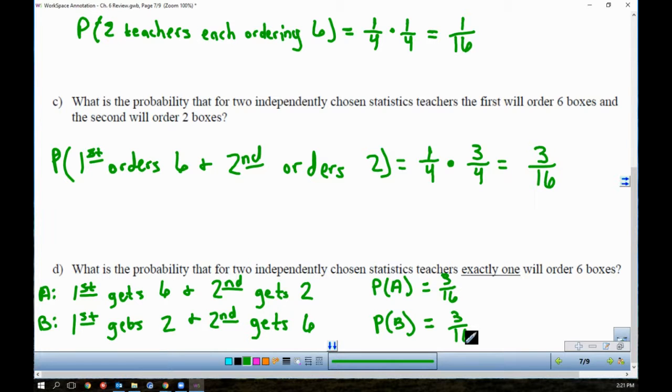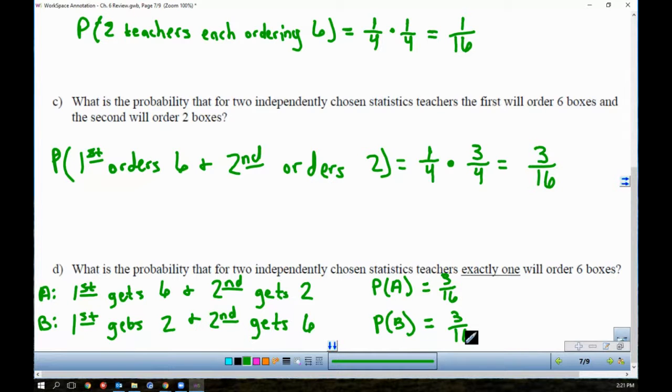Are they mutually exclusive? Yeah, there's nothing overlapping.